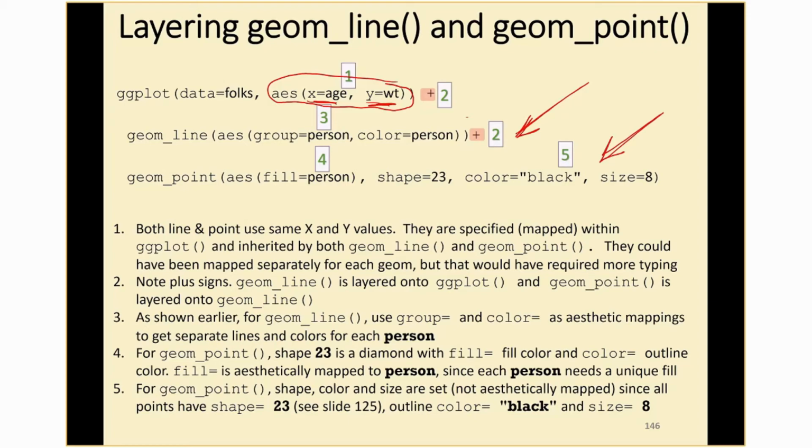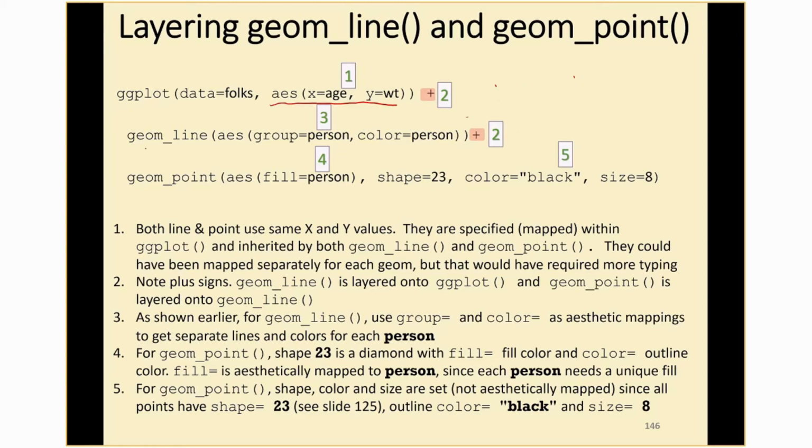Now I could have taken this and shoved it inside of the aesthetic mapping for both the line plot and the scatter plot, or, and this is what I've done here, I've saved myself some time and effort. By putting this information up here in the plotting function, it will be inherited by both the line plot and the scatter plot, and I've saved myself some typing.